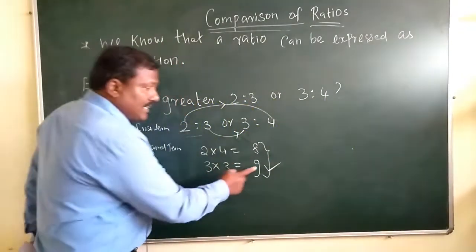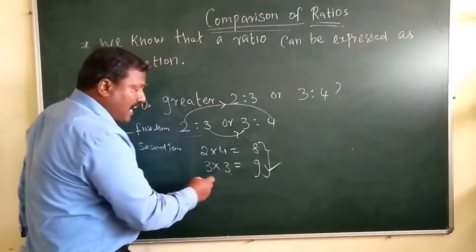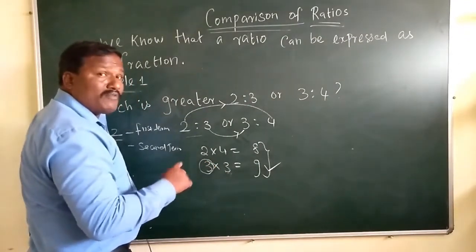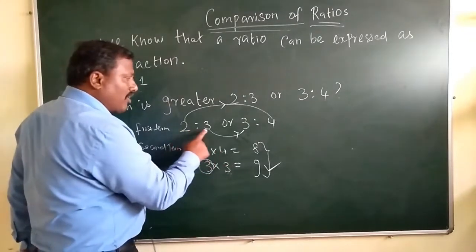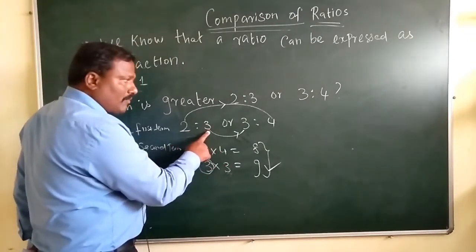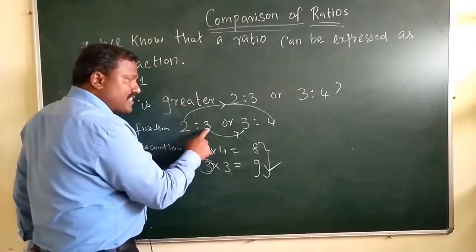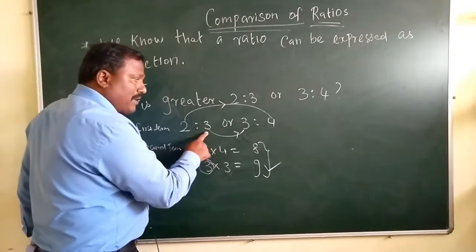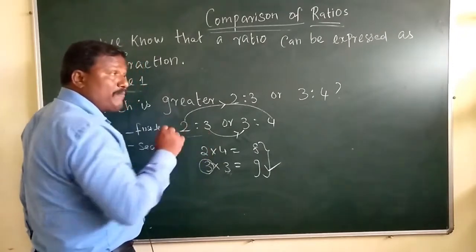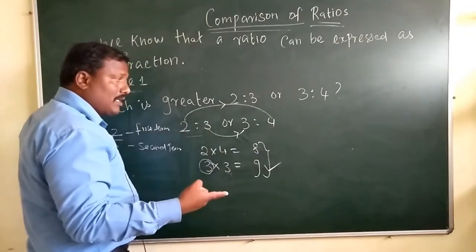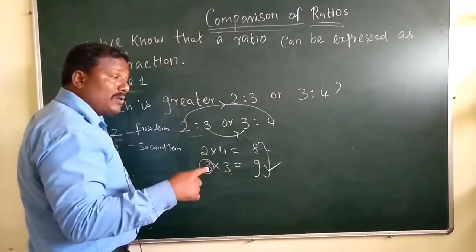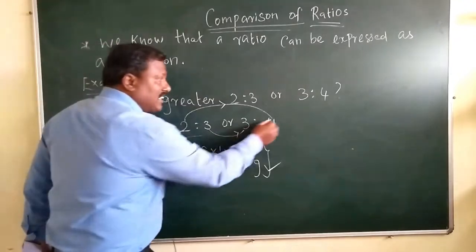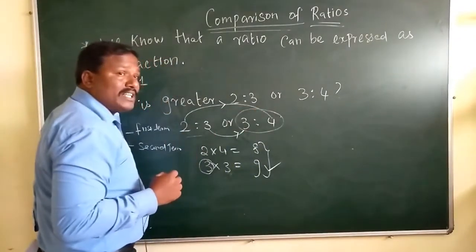This product is obtained from the second term of the first ratio and the first term of the second ratio. If the product involving the second term of the first ratio is greater, it means the second ratio is greater.